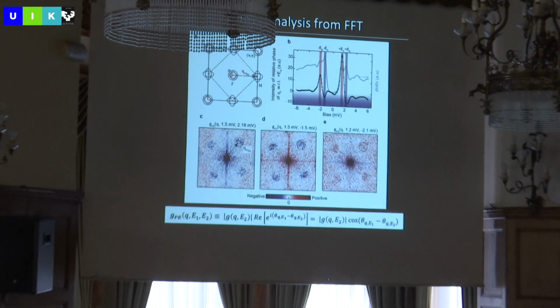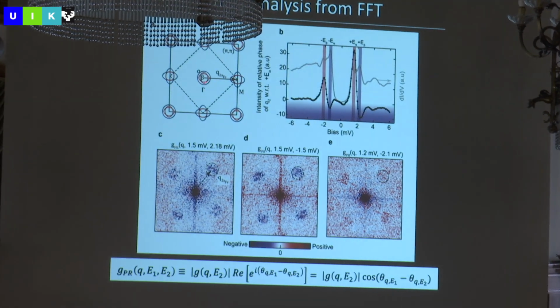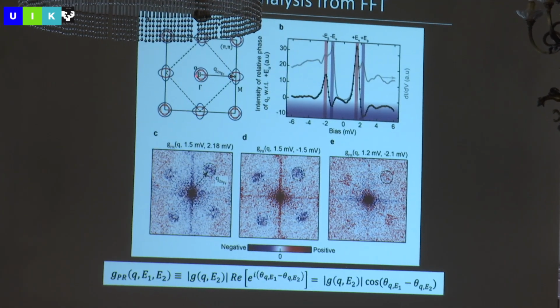So we park ourselves at the energy of the coherence peak and look at these kinds of scattering processes from here to here or from here to here. And we can actually look at the relative phase in the Fourier transform. We can look at the relative phase of the scattering process from here to here for one coherence peak and compare it with the scattering process for a different coherence peak. And that's how we get that it's S plus minus.